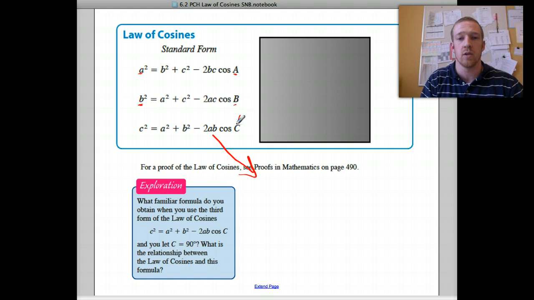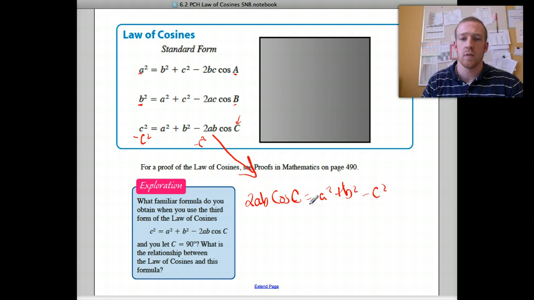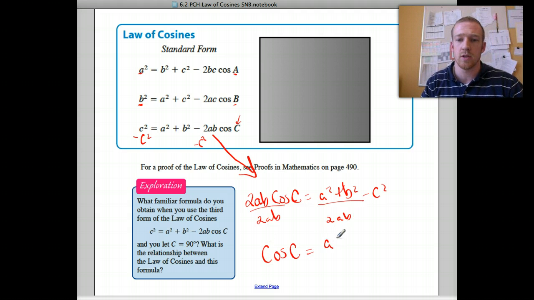If we want to know the angle, then what we're going to do is add this to both sides and subtract a c squared from both sides. And that gives me 2ab cosine C, because I added that to both sides, equals a squared plus b squared minus c squared. Divide both by 2ab. And that gives me cosine of angle C is equal to a squared plus b squared minus c squared over 2ab.